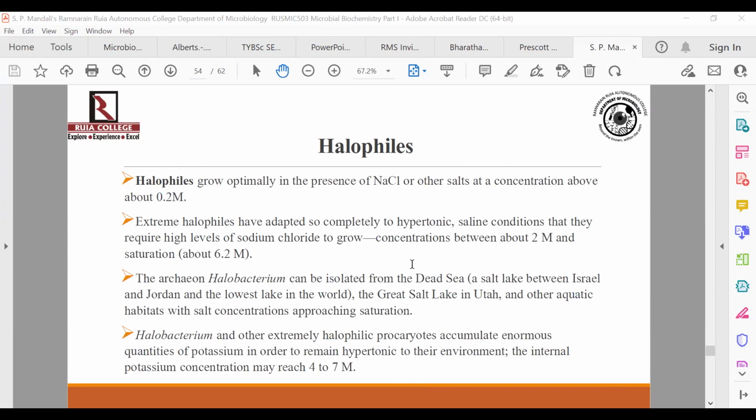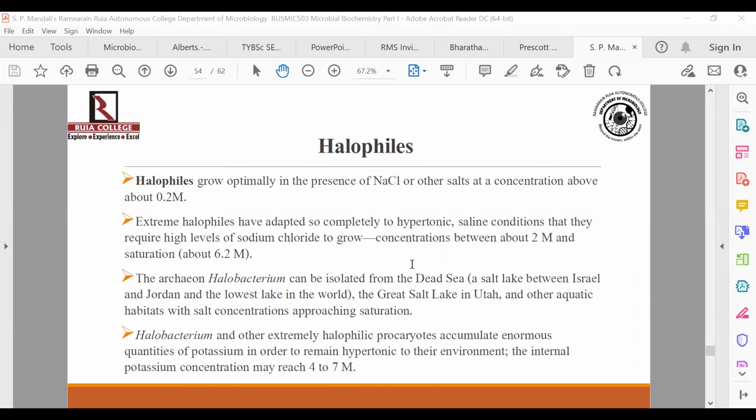Now, you very well know that organisms which love to grow in the presence of NaCl, and that too in high concentrations, we refer to as halophiles. So if an organism loves to grow in the presence of NaCl or other salts at a concentration near 0.2 molar, we refer to it as a halophile.